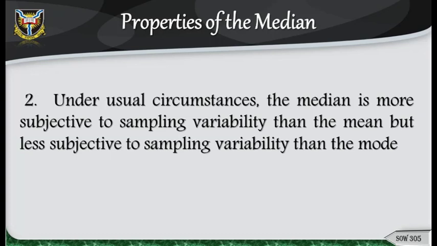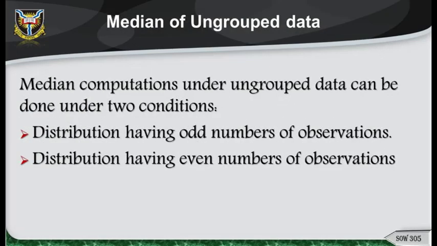Under usual circumstances, the median is more subject to sampling variability than the mean, but less subject to sampling variability than the mode. Because the median is usually less stable than the mean from sample to sample, it is not as useful in inferential statistics.